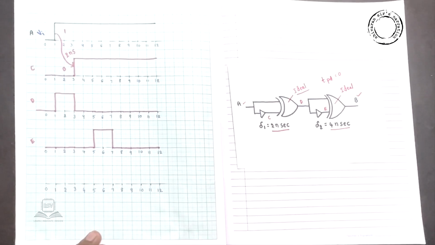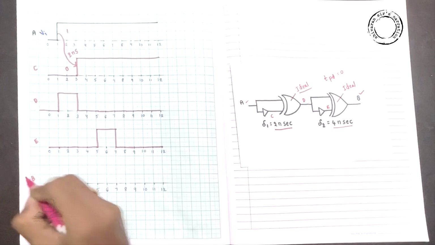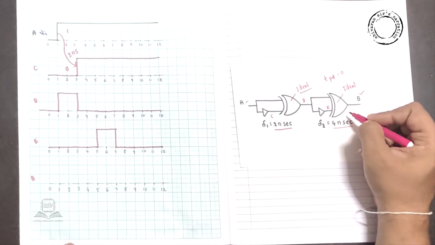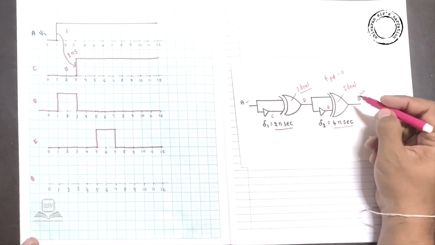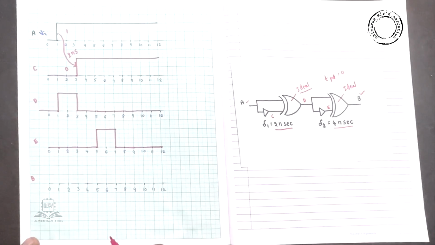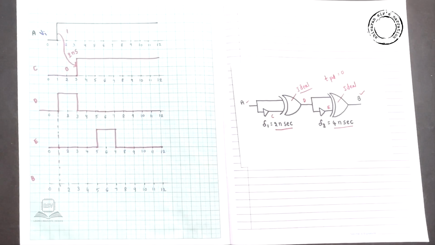Now we want to draw the waveform for B, the actual output. Now guys, this D and E are given to the ideal XOR gate. Therefore, wherever the D and E inputs are different, we will get the output as logic 1. See here, you can understand clearly.